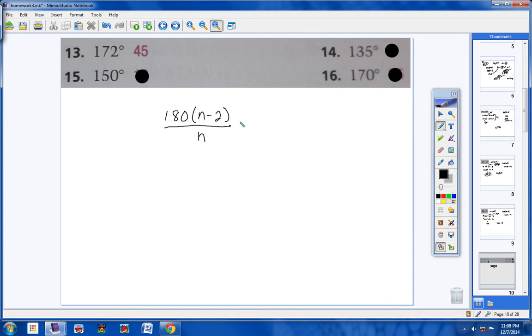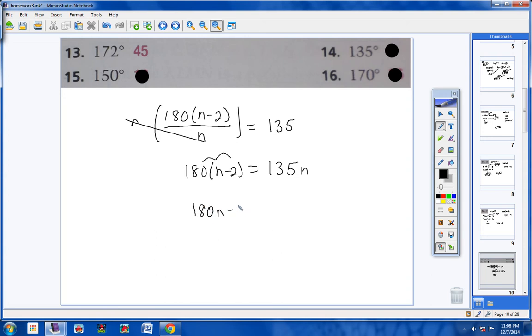Okay, there's your formula. Equals 135. Okay, multiply both sides by n. If we multiply this side by n, the n's cancel. Multiply this side by n. 135 times n is 135n. Now take your 180 and multiply it through. 180n minus 360.